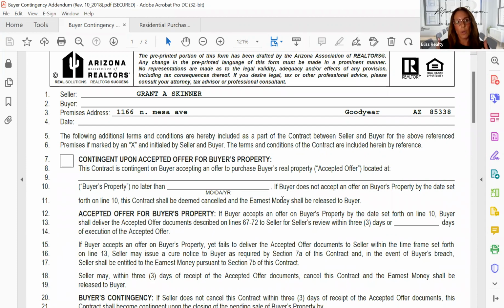So if my client's in Wyoming, I would list the property address, and then they didn't have an offer on it. So I would have checked this box, and then based on their CMA, which by the way, had said 5 months before they would get an offer.